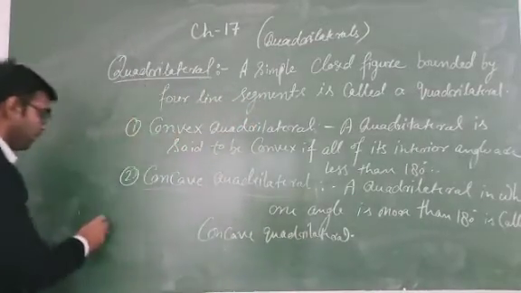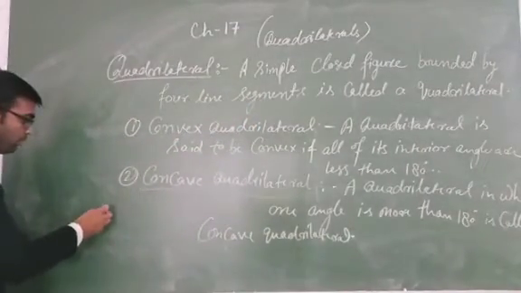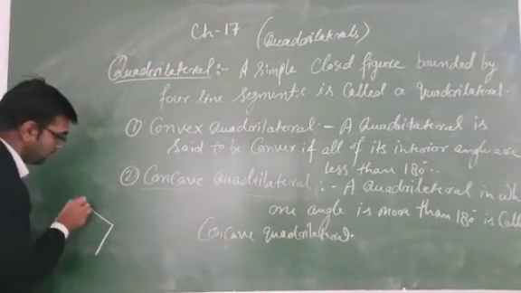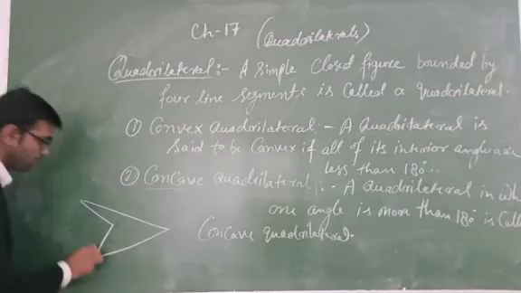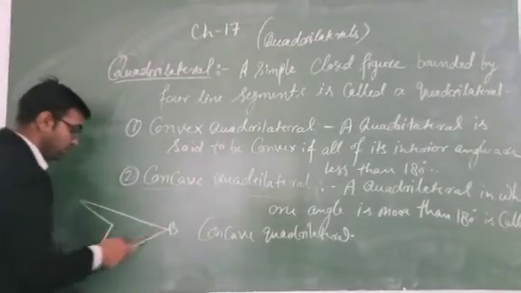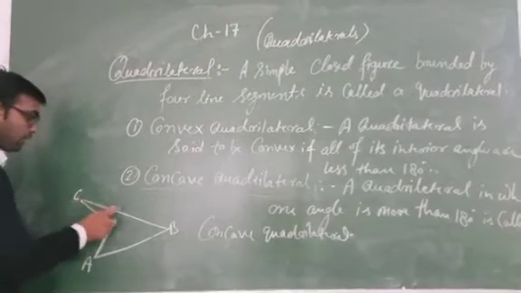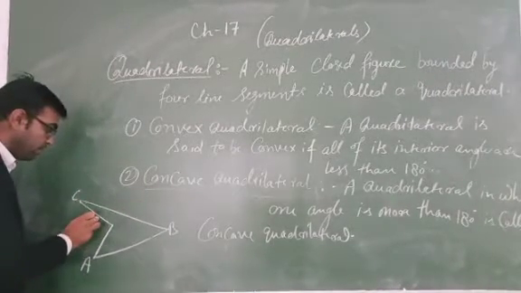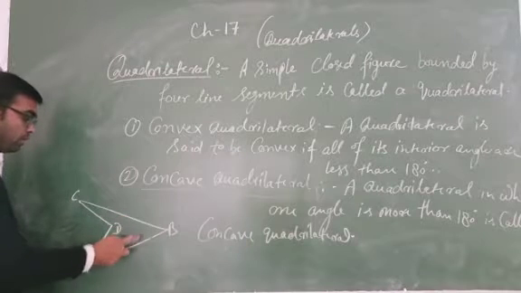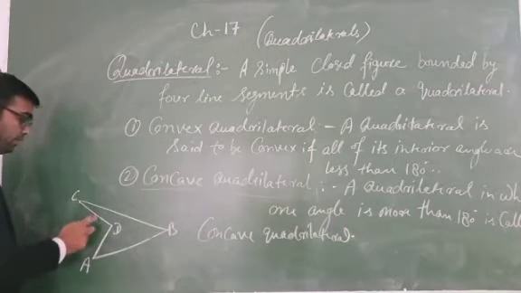So in the figure you can make this. Look here, A, B is one side, C another side, and here D. So it has four sides: AB, BC, CD and DA.